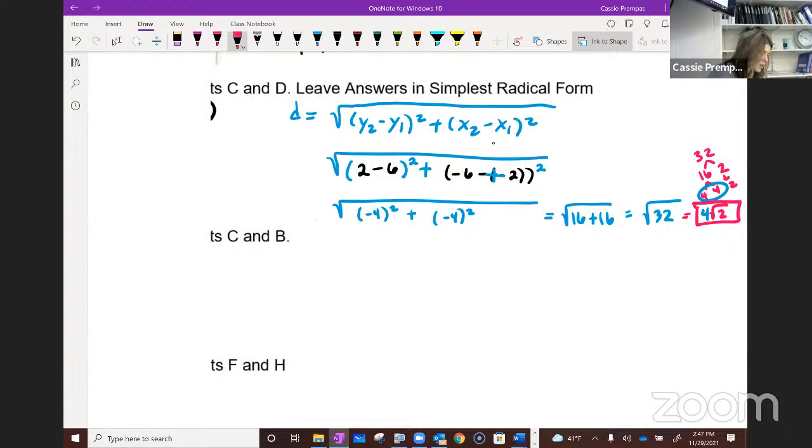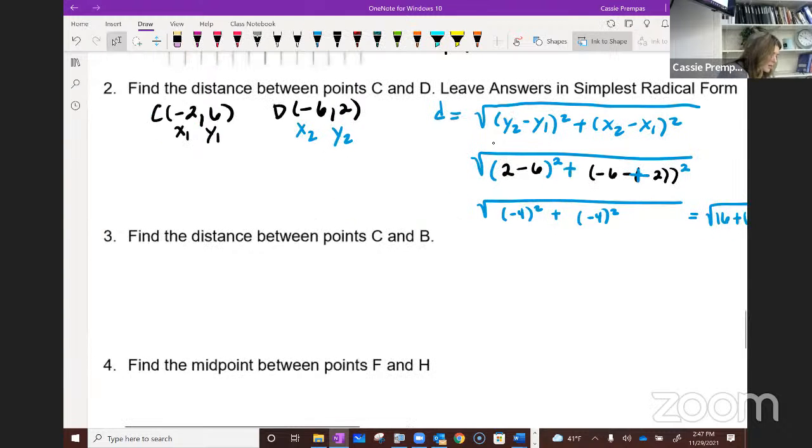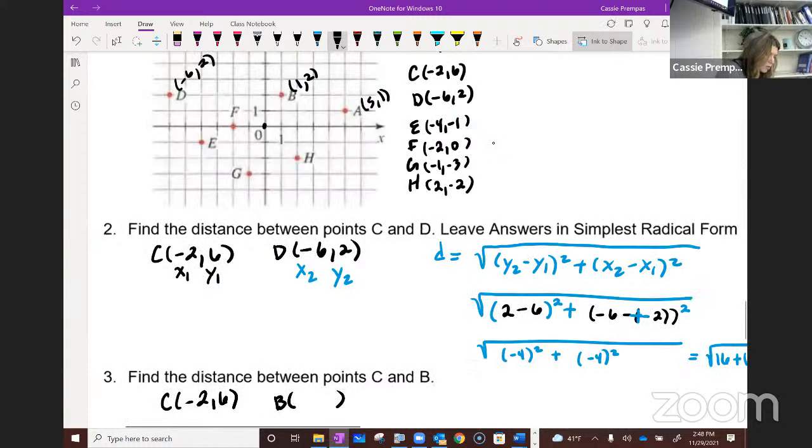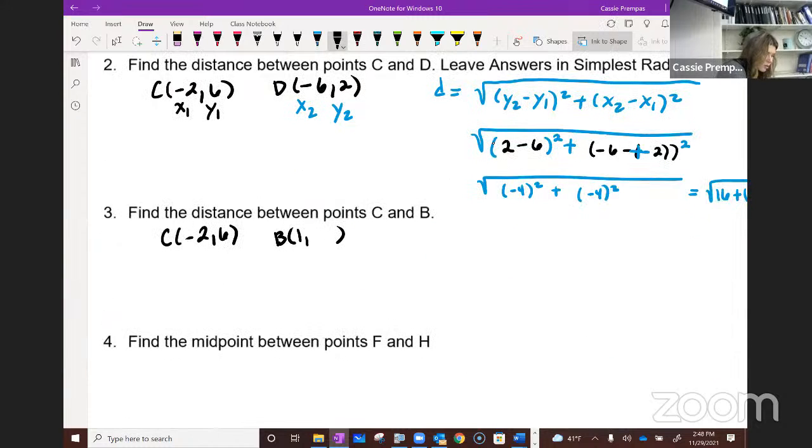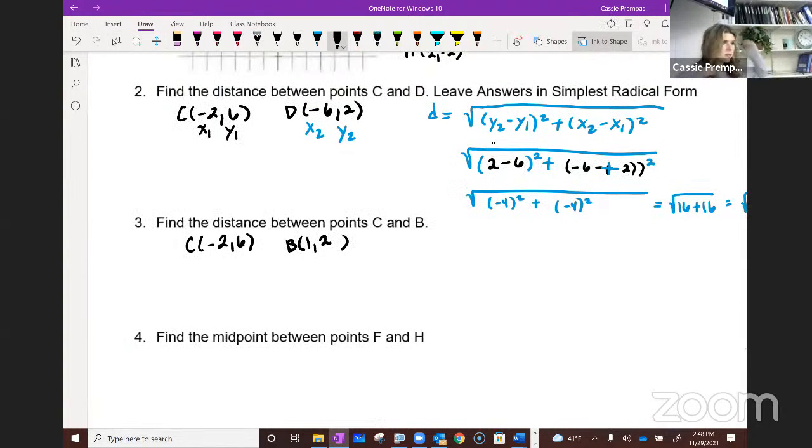Find the distance between points C and B. So C has the location -2, 6. B has the location 1, 2. On your own, see if you can find the distance.